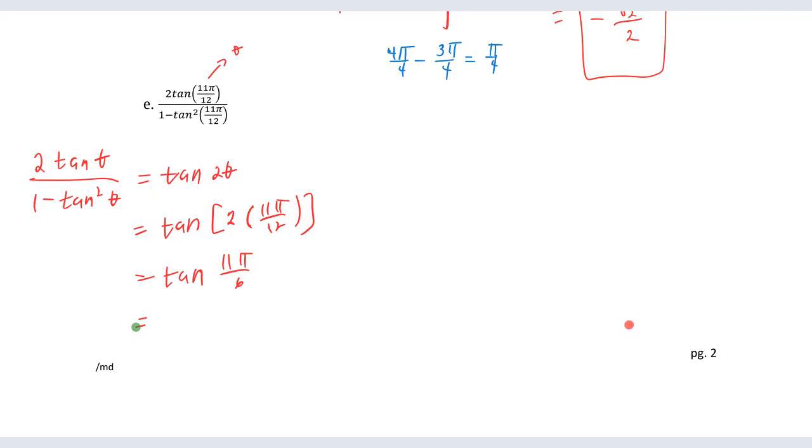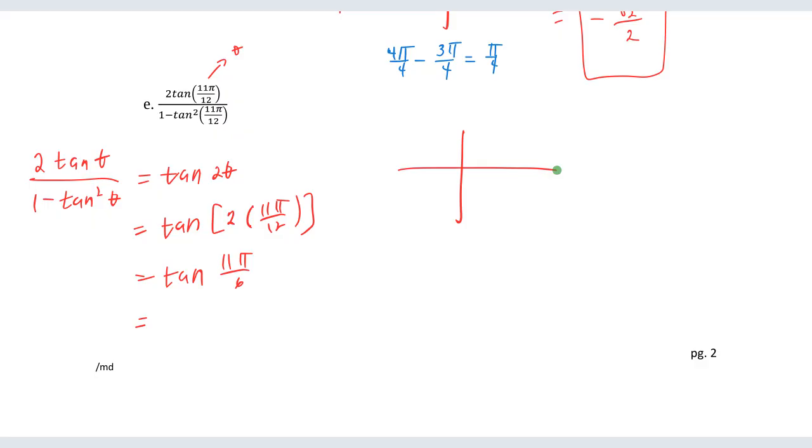Now we will be evaluating the tangent function here. We know that the tangent by definition is y over x. But let me go ahead and draw the coordinate plane here. It's 11 pi over 6, so that's going to be like 30 degrees.